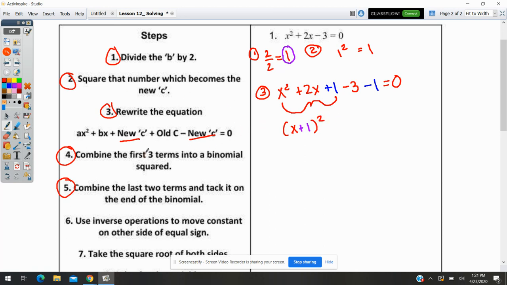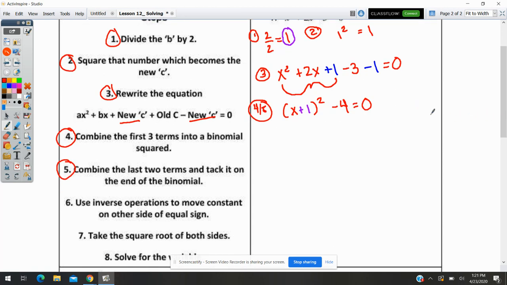That's step 4, and this is 4/5. Then we just combine negative 3 and minus 1, which is negative 4, equals 0. Now we have it in vertex form. So we know our vertex, just as a side note, is 1, negative 4.